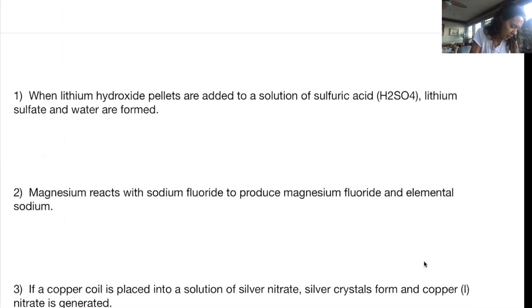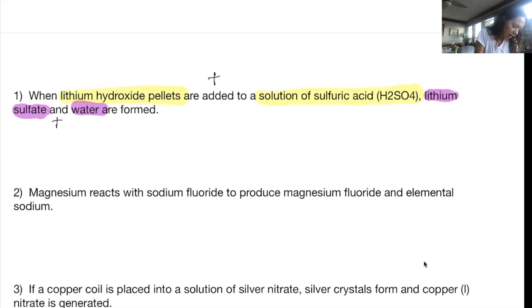Okay, lithium hydroxide pellets are added to, that would be a plus sign, a solution of sulfuric acid, all right? Lithium sulfate and, that is a plus sign, water are formed, so that means it's after the arrow, they are products.